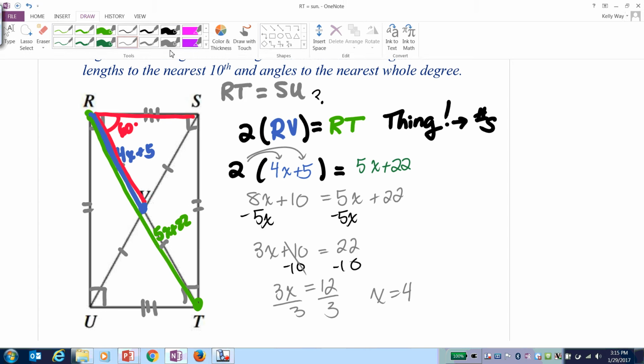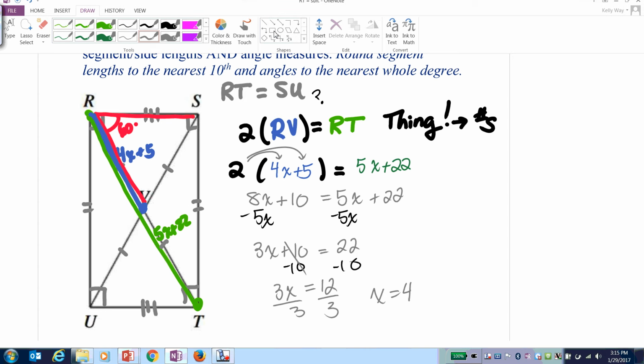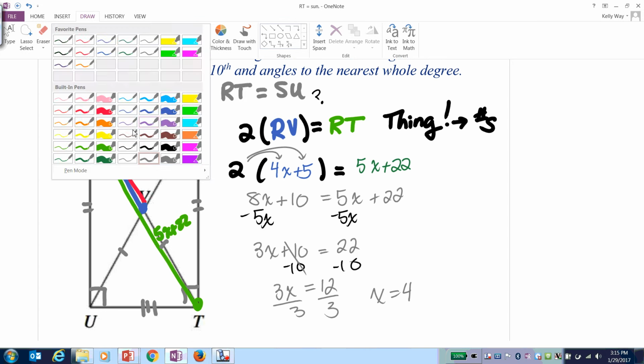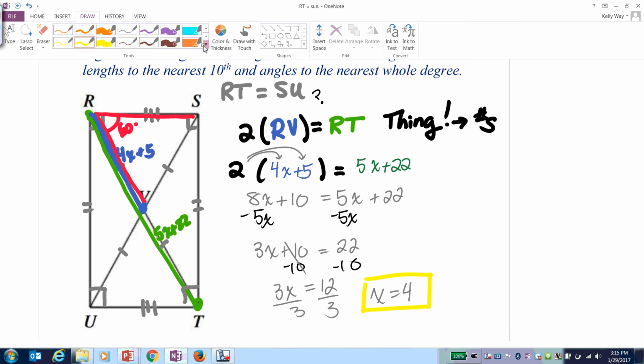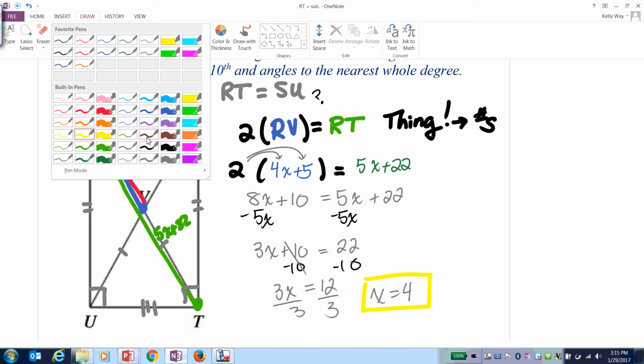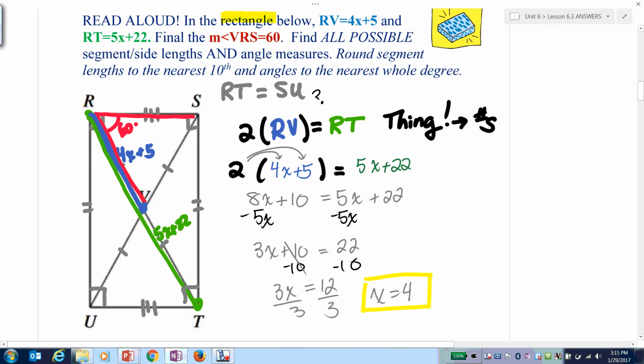Now, don't get all excited when you get your variable, because remember, this is not algebra class, folks. Life does not end with the variable. Instead, we're going to find the segment lengths here. I'm going to take the short one, which is 4x plus 5, and that's now going to be 4 times 4 plus 5. Fabulous.